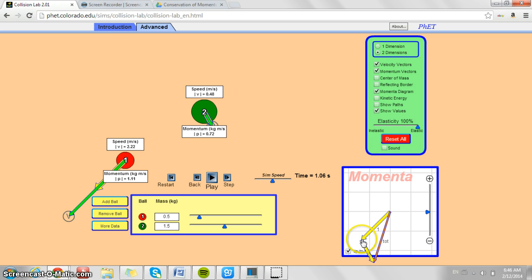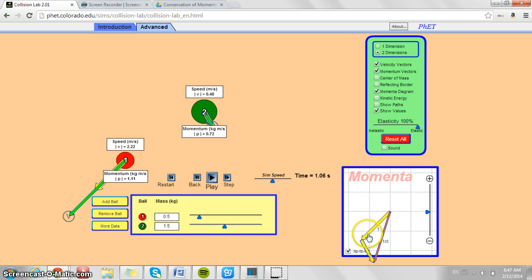Or maybe not the initial. So these do not represent the initial momentums, just before and after. Before, in the previous diagram, these vectors were in a different direction, and they also had different lengths.